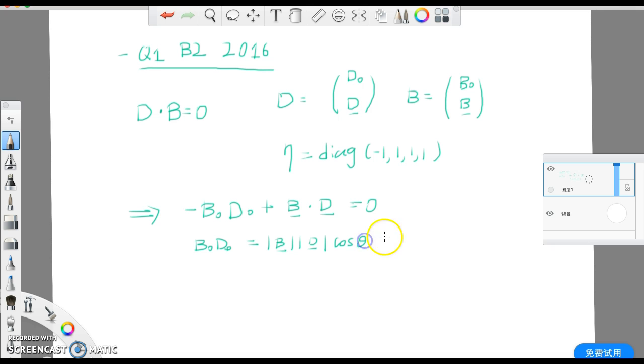So cosine theta is the angle between the 3-vector b and 3-vector d.